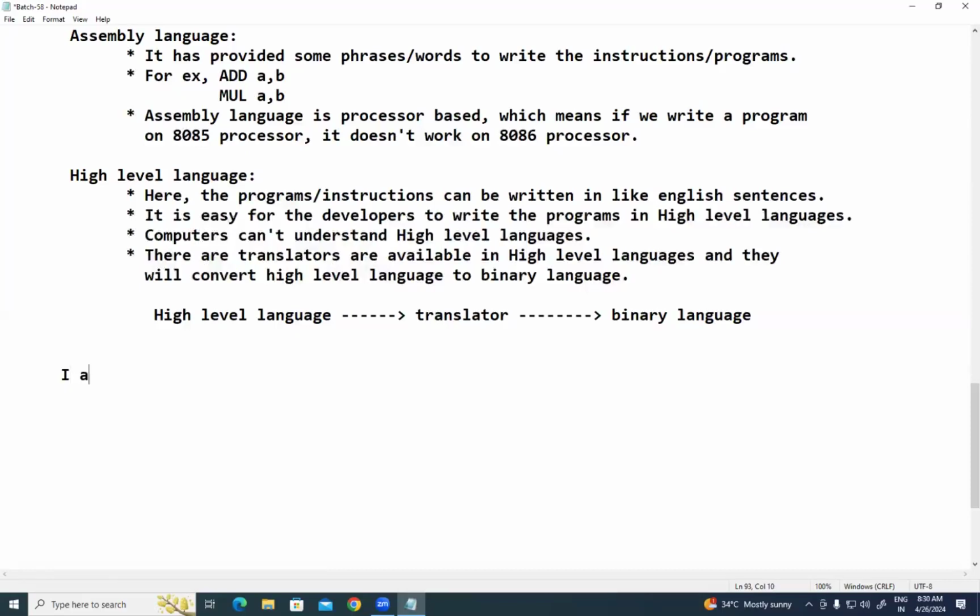I'm using a statement: I am drinking water. Tell me which one is the correct statement: I am drinking water or I am water drinking. Which is the proper statement? The first one, I am drinking water.